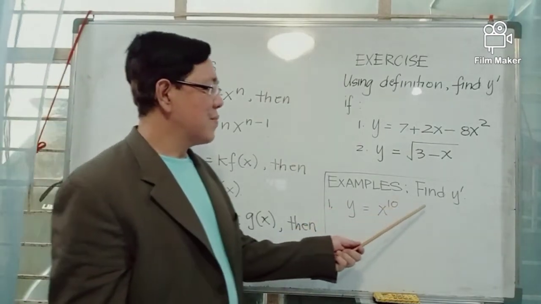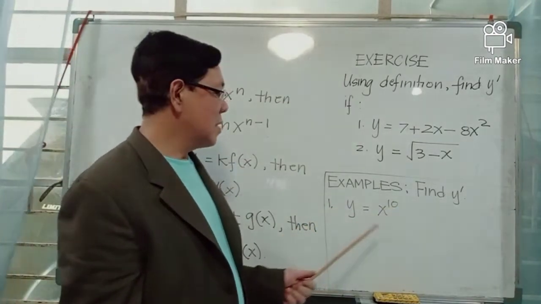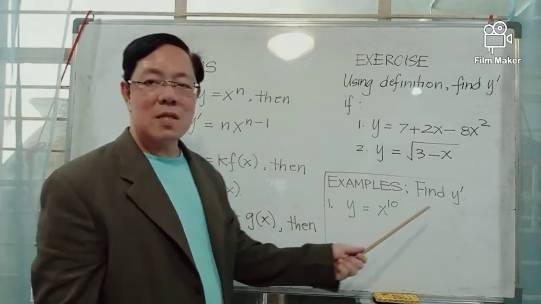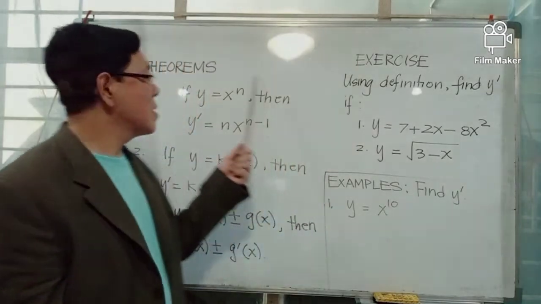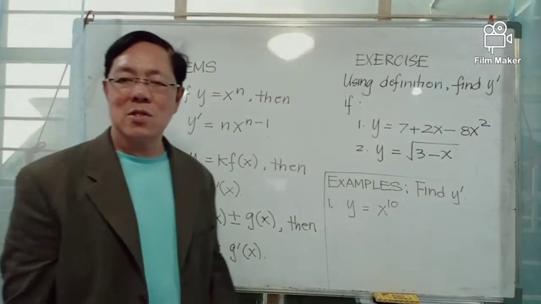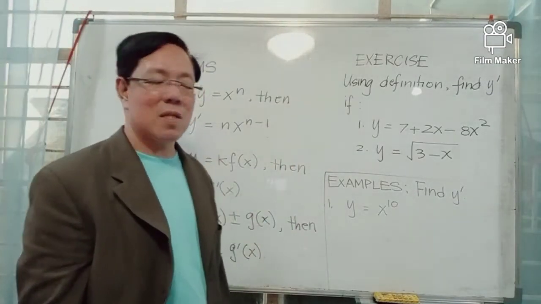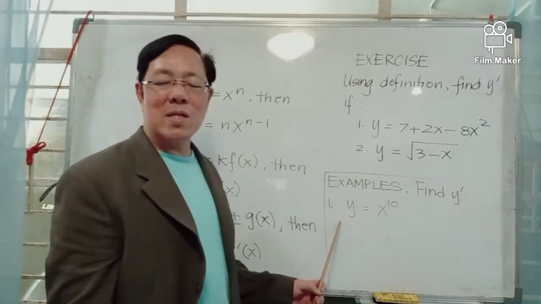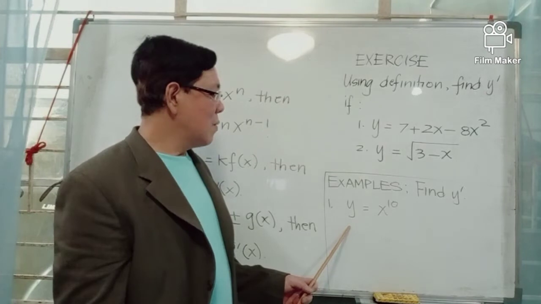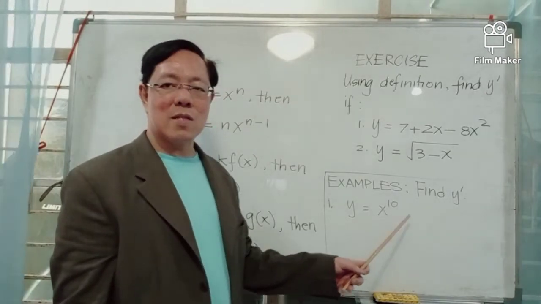Examples: find y prime. That is, we will now find the derivative of y with respect to x using these theorems on differentiation. In number 1, the given function y equals x to the 10.